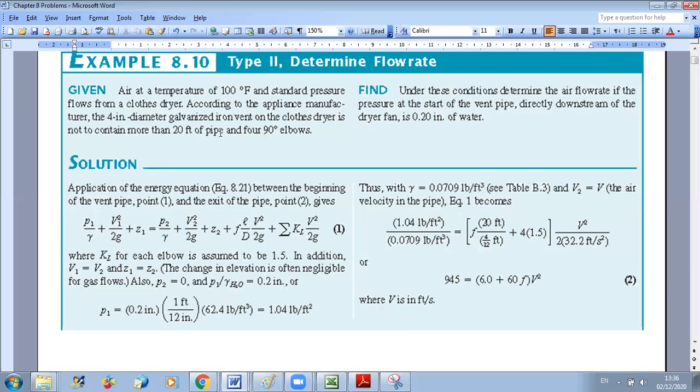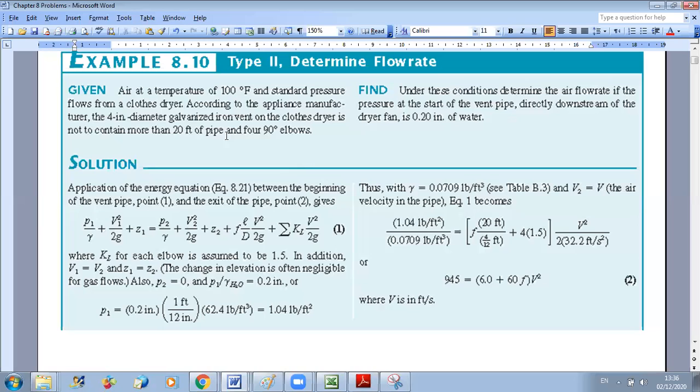Then at the outlet, they gave us the exit pressure. If they give you a height, the pressure will be rho g times this height. So since it is 0.2 inch of water, I multiply the height given by gamma of water and I get the corresponding pressure.